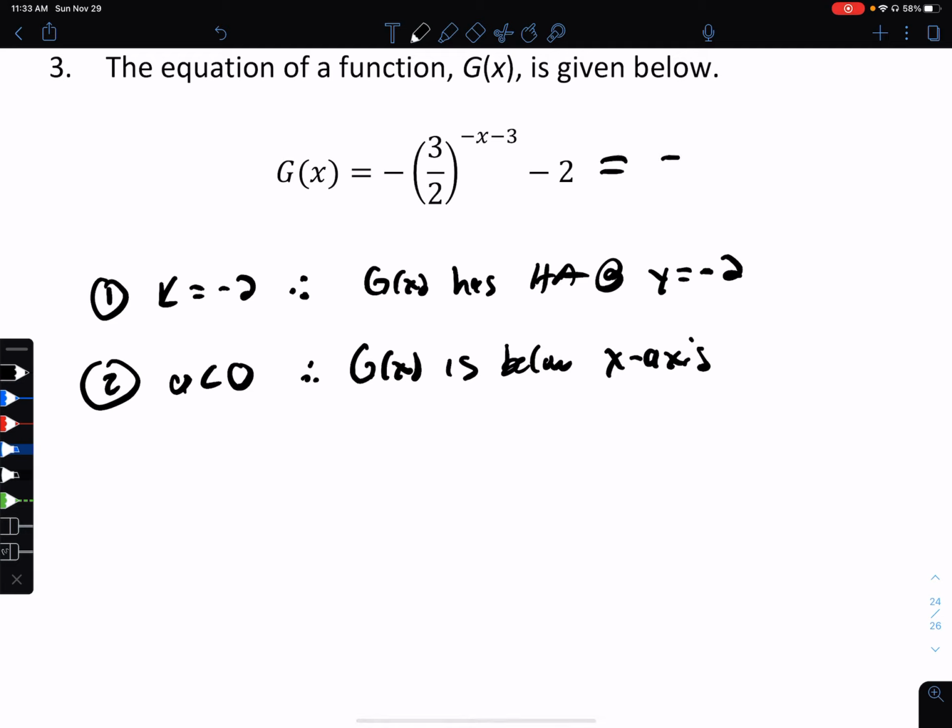I'd rather have this written with the coefficient of x to be 1. I'm going to factor a negative out of the numerator. And from this, I could say that c is less than 0.